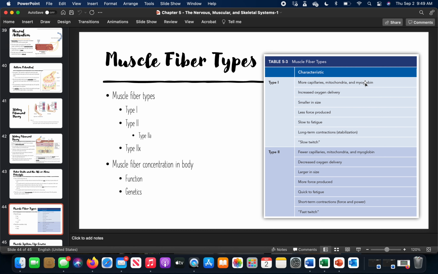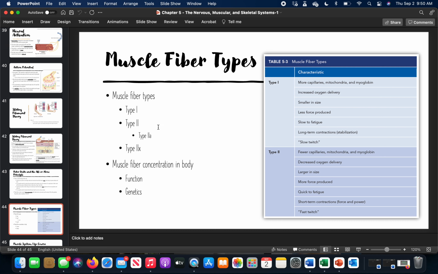If you think about the dark meat of a chicken, that means there are more capillary beds in there, so that meat is more type 1. It's more red. Whereas type 2 has fewer capillaries, and that's usually your breast meat, your white meat. So that's more type 2.